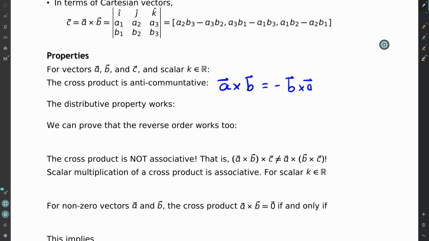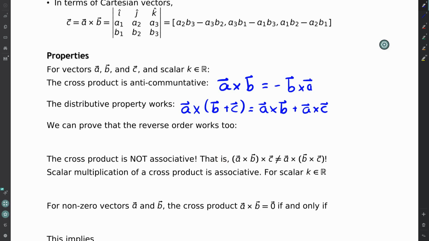The distributive property works. That was demonstrated last time too. So if we have A cross (B plus C), then this expands properly to A cross B plus A cross C. We haven't proven that, but we have demonstrated that it does work.